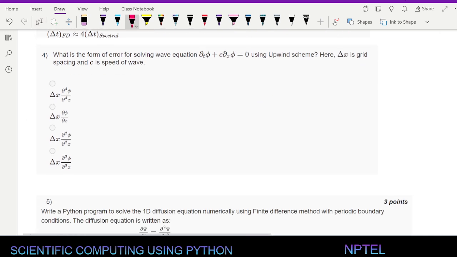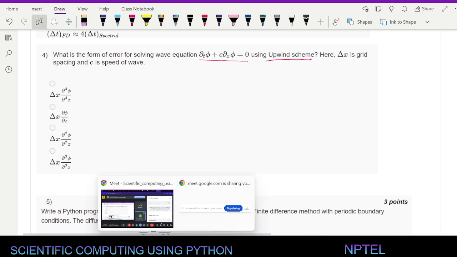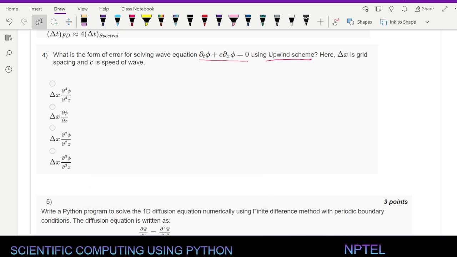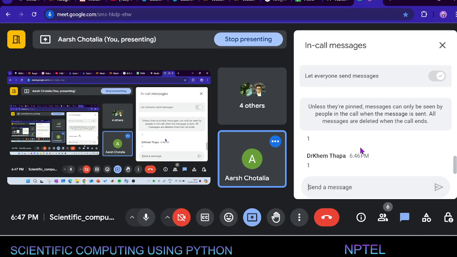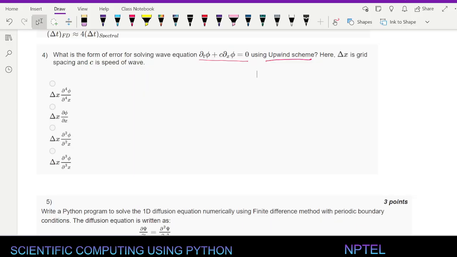What's the form of error for solving the wave equation using the upwind scheme? Delta x and c are given. This was done in the class itself, so does anyone remember the answer? Let me show the problem. What's the form of error on solving this equation using the upwind scheme?